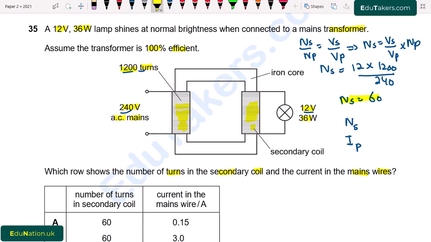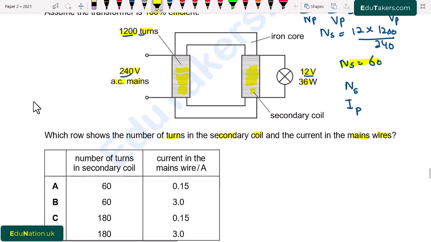So we have calculated the number of turns. Next we have to find out the current in the main wire. For that it is given that transformer is 100% efficient and the power across the lamp is also given. So first of all I write here power is equal to product of current and voltage.